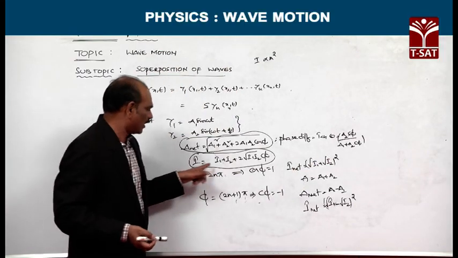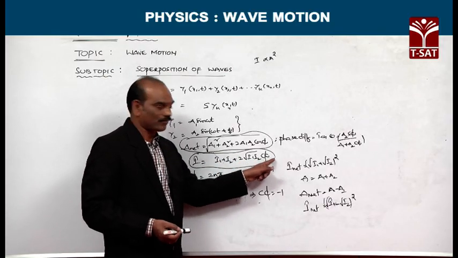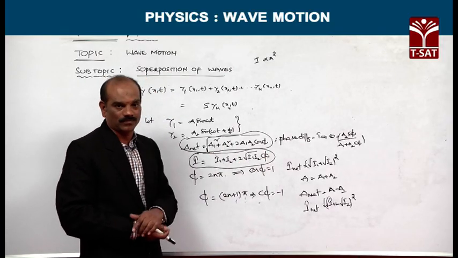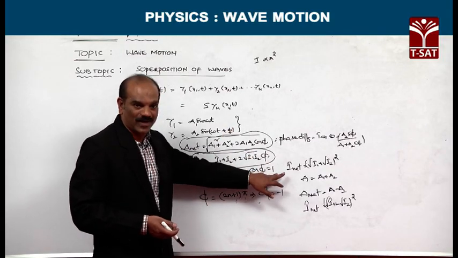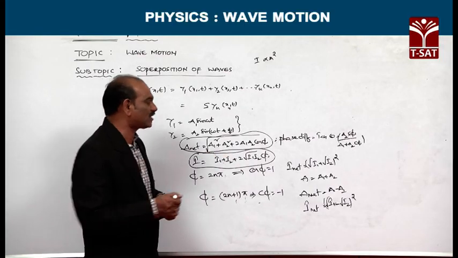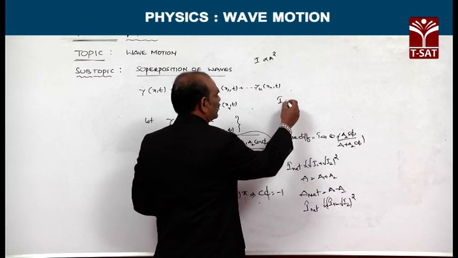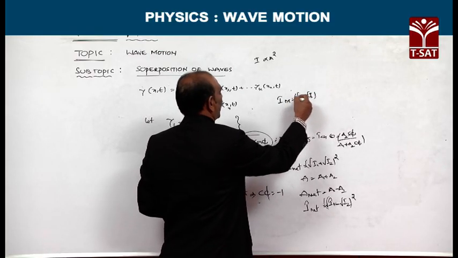Similarly, when I is equivalent to I1 plus I2 plus 2 root I1 I2 cos phi, for this whole value to be maximum, the cos phi value should be maximum. If cos phi is equivalent to 1, then this value becomes I1 plus I2 plus 2 root I1 I2, which is nothing but I maxima equal to (root I1 plus root I2) whole square.